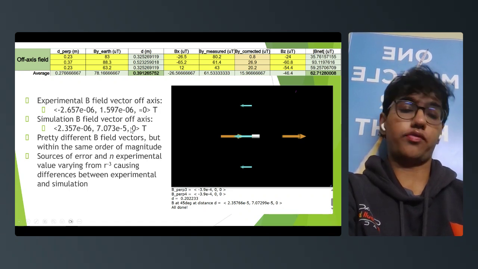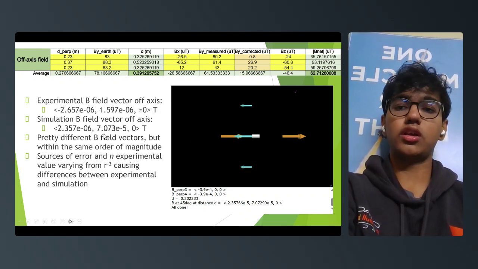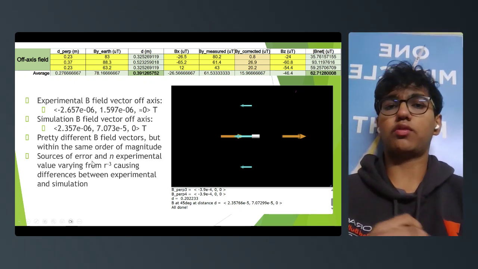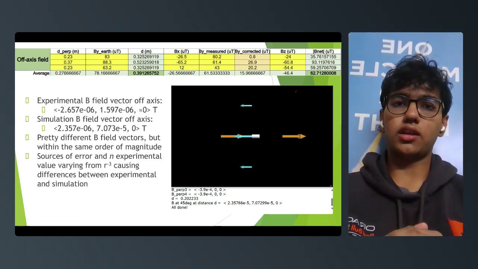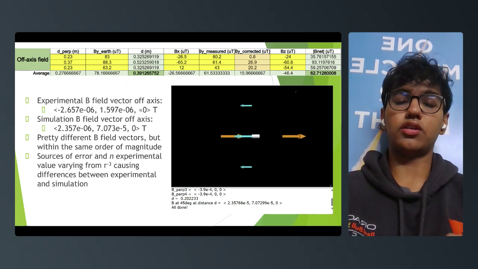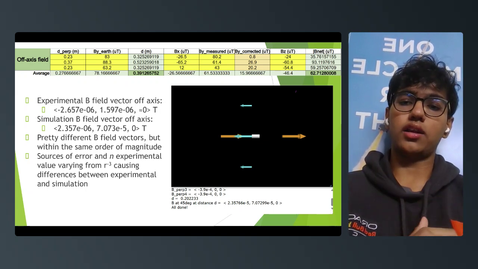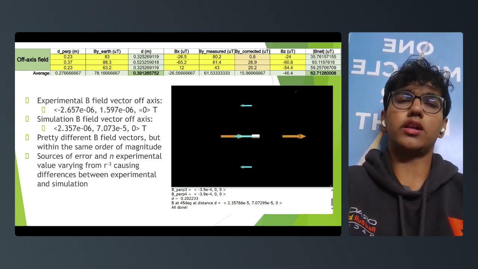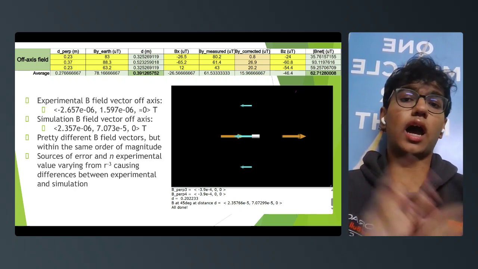When we ran the simulation, we got this result. Comparing the two, you can see they're pretty different B field vectors, but they're within the same order of magnitude. This can be easily explained by the sources of error that we discussed earlier. And the experimental value of n was not negative 3, so it would obviously differ from the ideal dipole.